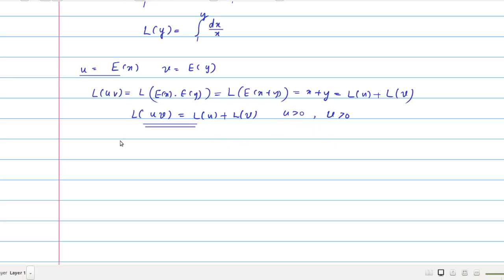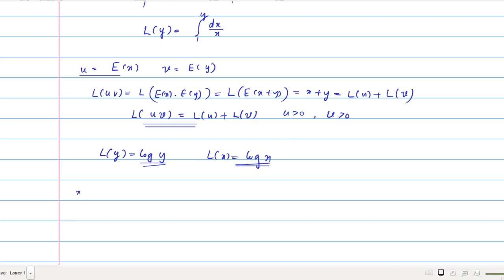Now we write this L function, L of y, as log y. Okay, so we just put this symbol, or you can write L of x equal to log x. So we write this inverse function as log of x.